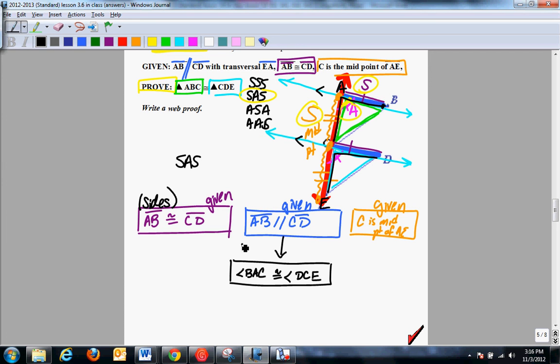And the reason why, because if parallel, then corresponding angles are congruent. And this gives us a pair of angles.